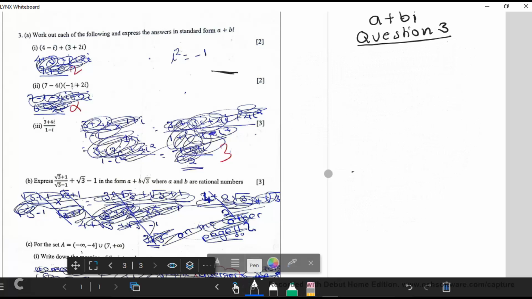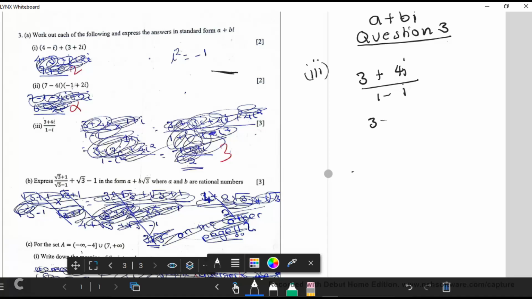So part 3, you have 3 plus 4i over 1 minus i. So remember, what are we doing? We have to rationalize the denominator in this situation.